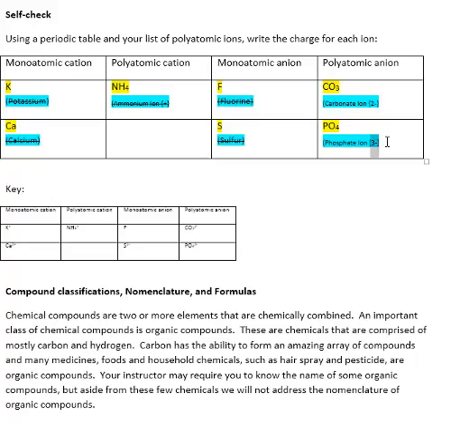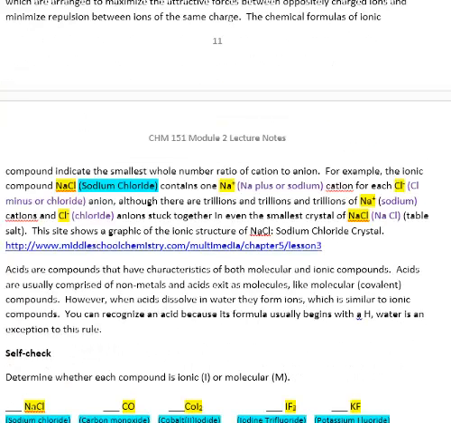I do not want you telling them or indicating what the charge would be as you do here, because that would be giving away the answer. And the answer key is right down here. They can look at that if they need to. But if you give them the answer to begin with, then there's no point in doing the exercise. So please make sure that you get rid of all of this, or else it's going to be completely useless.